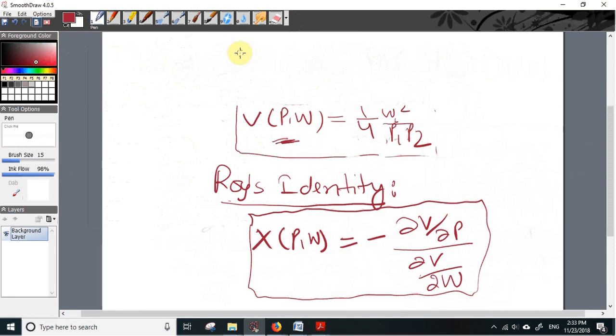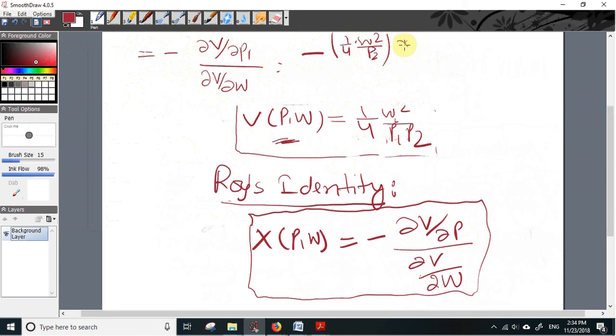So now let us first find the derivative with respect to P1 and see what happens. This is minus times del V over del P1 divided by del V over del W. If we differentiate this with respect to P1, this becomes 1/4 W square over P2, which is a constant coefficient, so we keep it as it is and we differentiate 1 over P1 only.